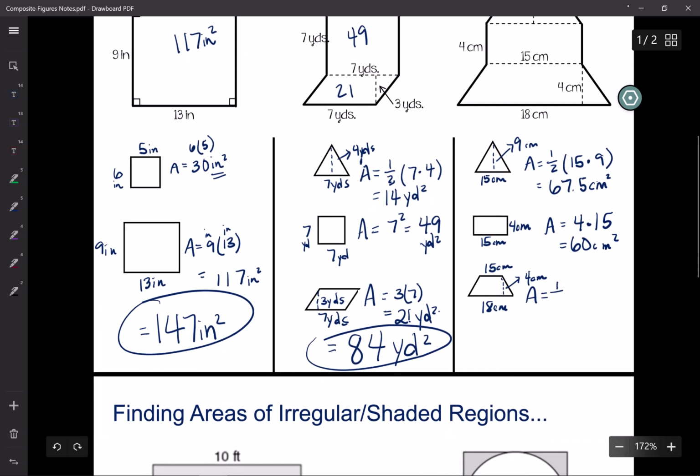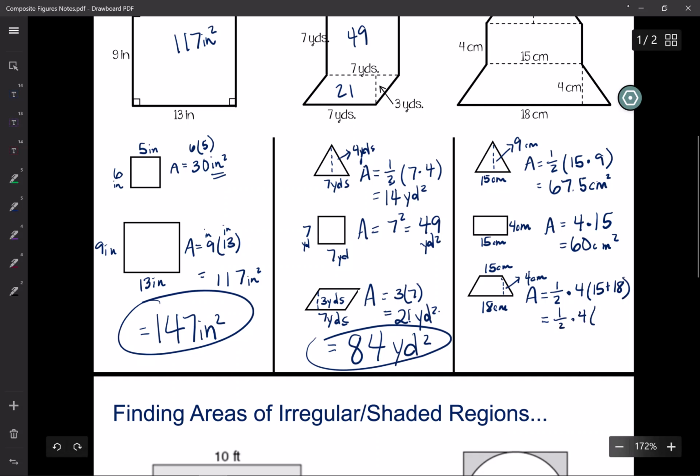So you're going to do 1/2. The height is 4, and the bases are 15 and 18. So order of operations, I'll do 15 plus 18. That's 33, times 4 is 132.